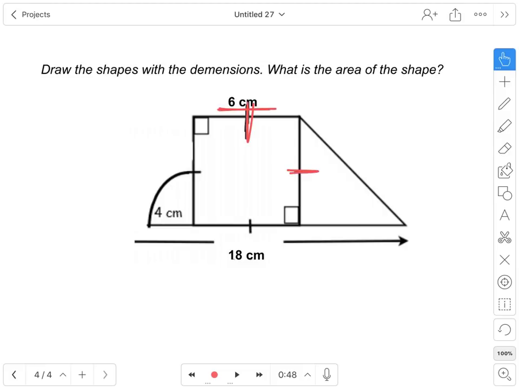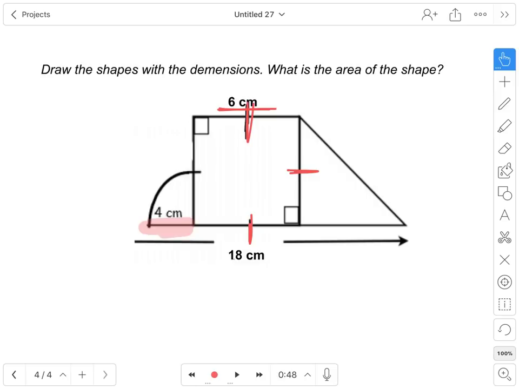So if all the other sides have that mark, that means that all of them are 6 also. So what I need you to do is look at that. Say, for instance, I am going to find the area of the quarter circle. A lot of you did that. It was in your notes from the previous day. A lot of you forgot to divide by 4.